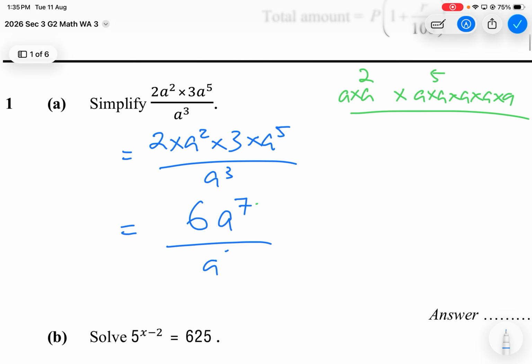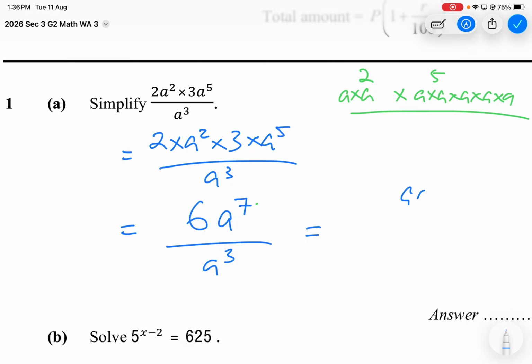And then at the bottom, we still have a to the power of 3. So if we go to the most basic, we have a multiplied by itself 7 times, then we have a multiplied by itself 3 times in the denominator.